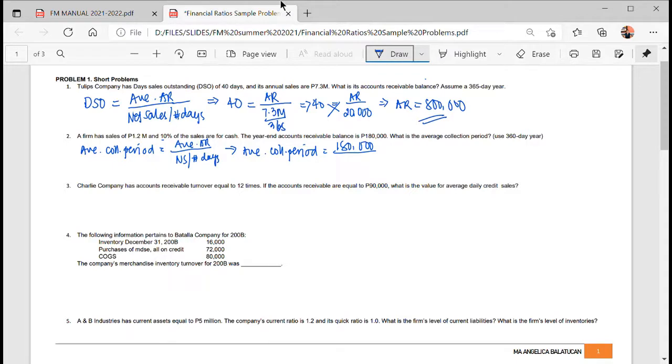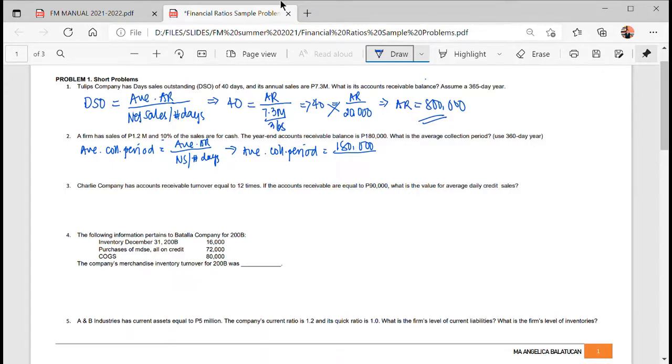So we need to get the remainder because that is our net sales. As I mentioned in our previous discussion, the focus of AR formulas like AR turnover and collection period is on the credit sales. So since in the given you can compute the credit sales, you need to separate the cash sales from the credit sales.